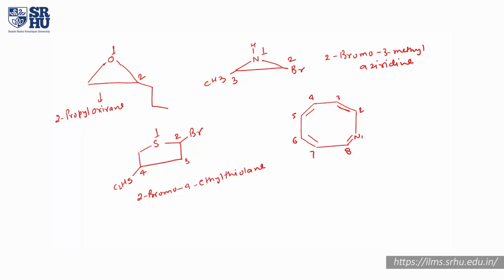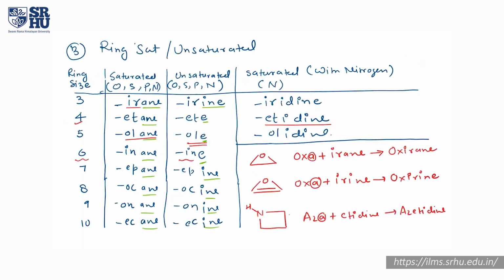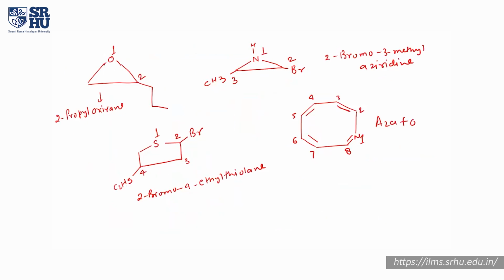We are having 8 members in the ring. So aza is there due to nitrogen, and because it is an 8-membered ring and it is unsaturated, we will give the name ocine, aza plus ocine. Hence the A will be removed and the name will be azocine.